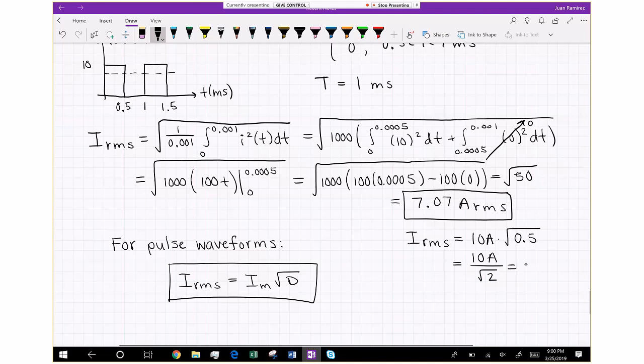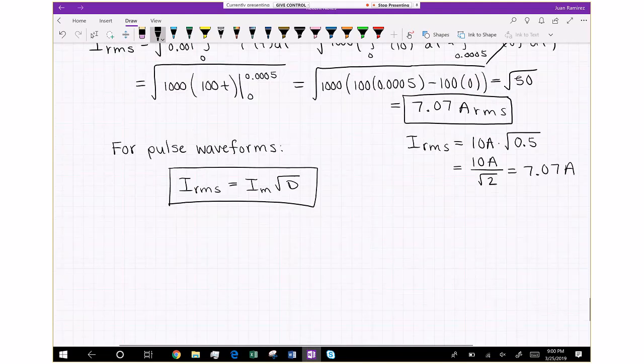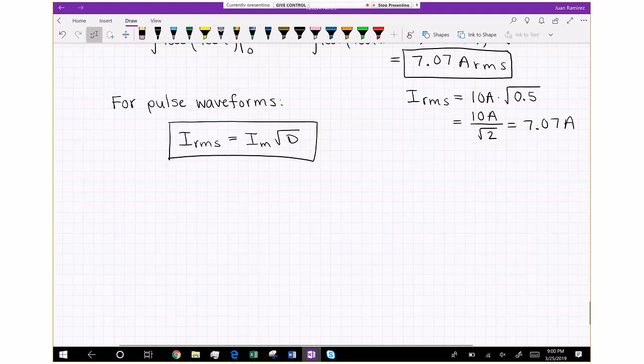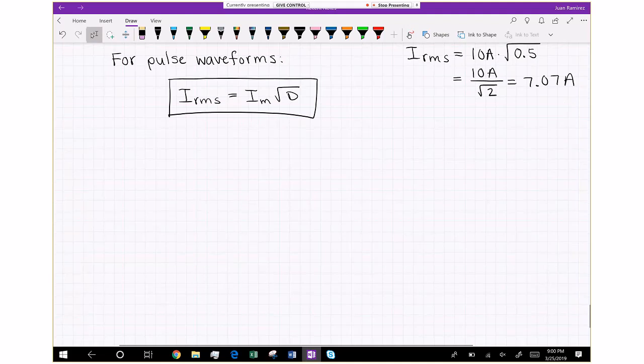And that'll give you 7.07 amps. All right. So that's how we go about finding the RMS value for pulse waveforms. Now let's do another example.